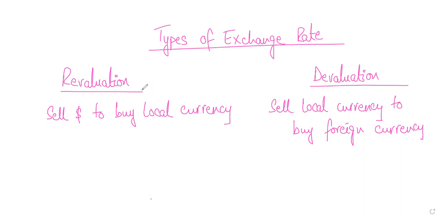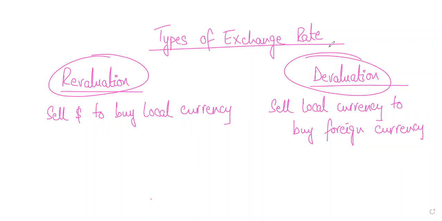So you have to see what is the objective that the government wants to meet. If they want to increase it from the current level, then they are interested in revaluation. And if they want to decrease it from the current level, they are trying to devalue the currency. Right? Okay.